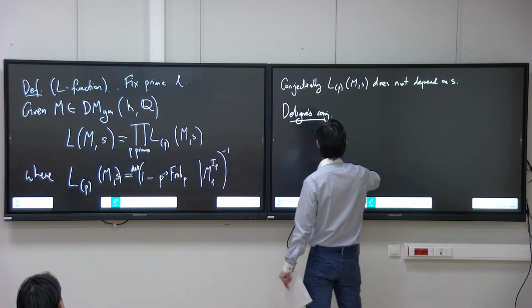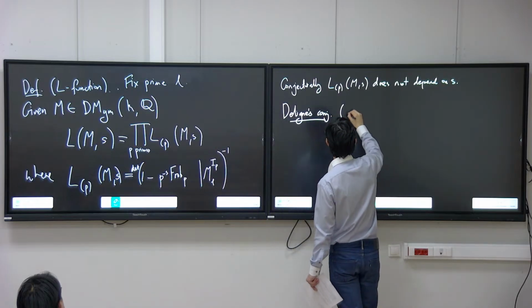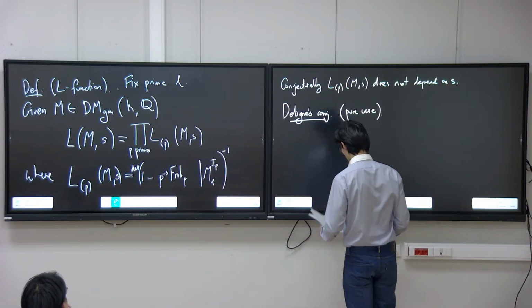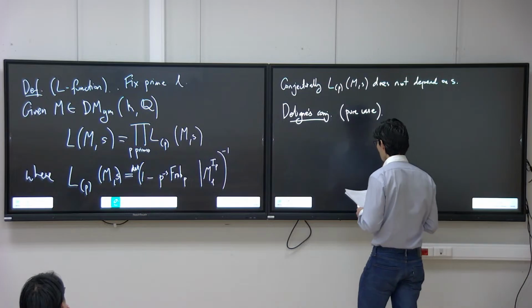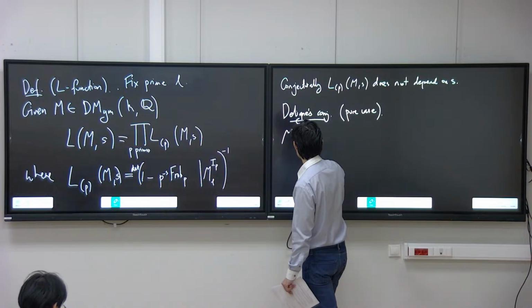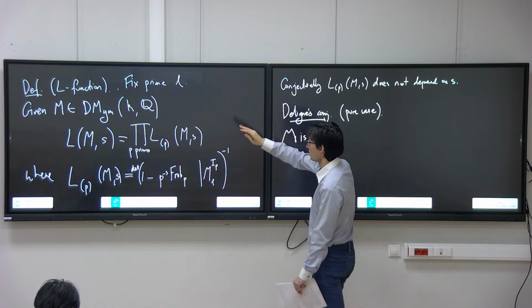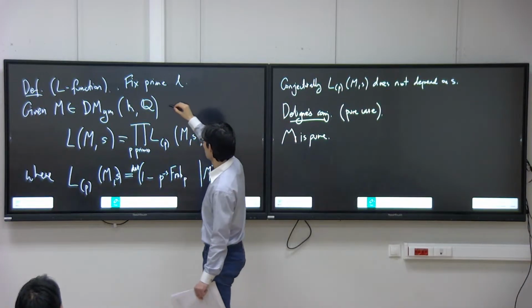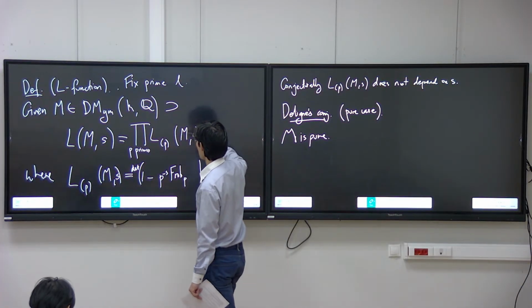At least for, let's say, the pure case. So in this setting, let's say M is pure. So it essentially comes from the Chow part, right?